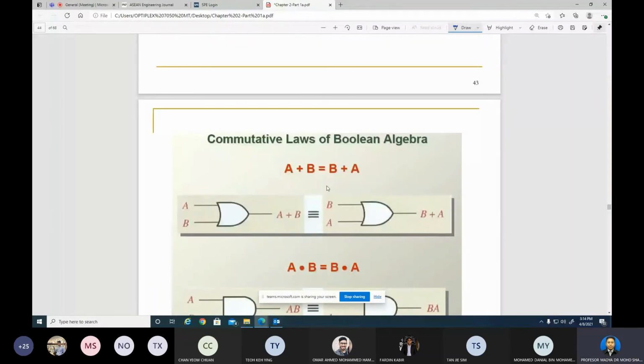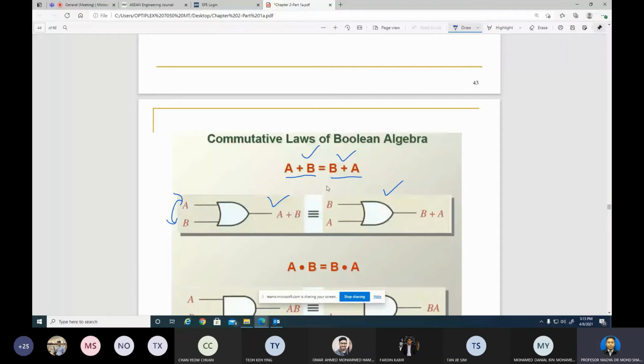You can write A plus B or B plus A, and it is the same answer. You can change one to the other, also the same. That's why we call this the commutative law.